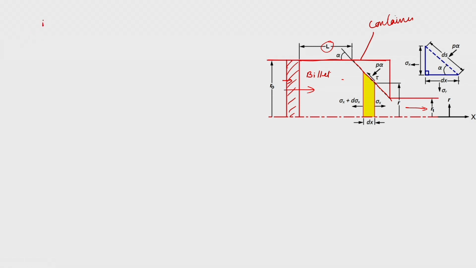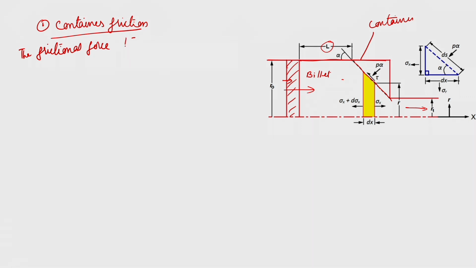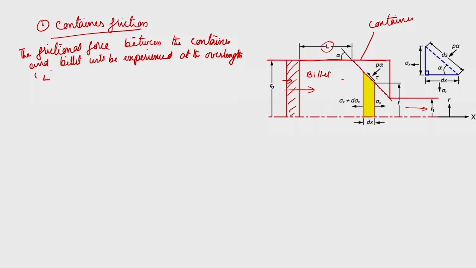So, the first part we will write as container friction. In this, the frictional force between the container and billet will be experienced at the length L portion.